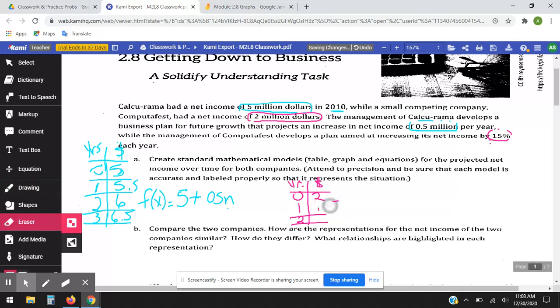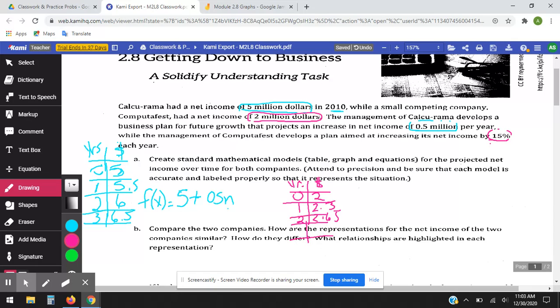Looked at my wrong numbers. So that actually, 1 is 2.3, 2 is 2.65, and then I'm going to bring this down a little bit so I can get a 3 is 3.04, and 4 is 3.5.